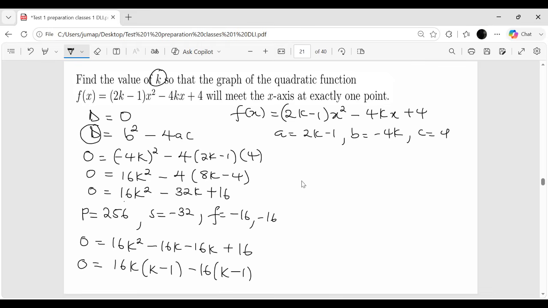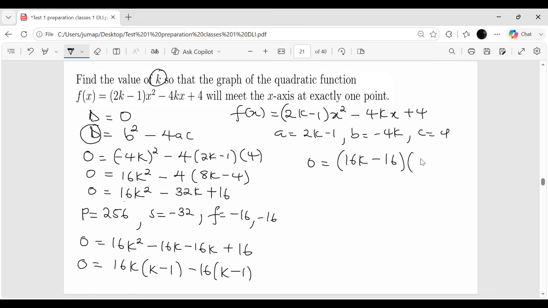Okay, as a result, you're going to have 0 is equals to 16k. You get what is outside, minus 16. And then you get what is inside here, which is just 1.